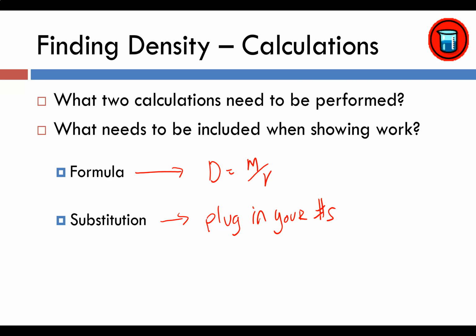I would highly recommend substituting with the units. Not so much in chemistry, at least at this level, but when you go to take physics, you do a lot of unit derivation, and you've got to get units to cancel to come up with new units. Getting into the habit of including the unit with the value is going to make your life a lot easier. So plug in your numbers with units.